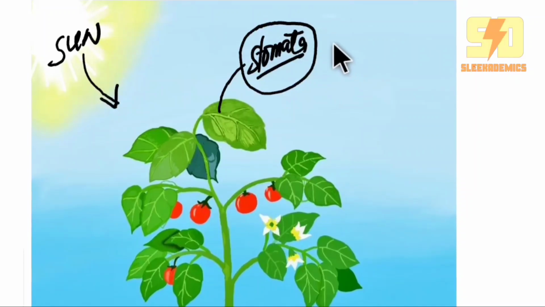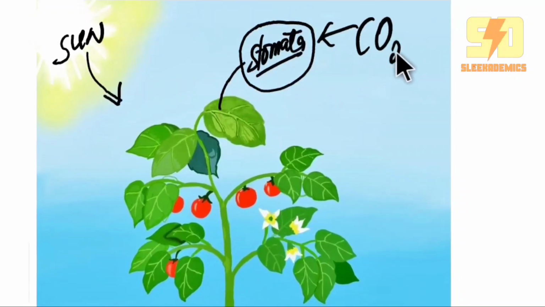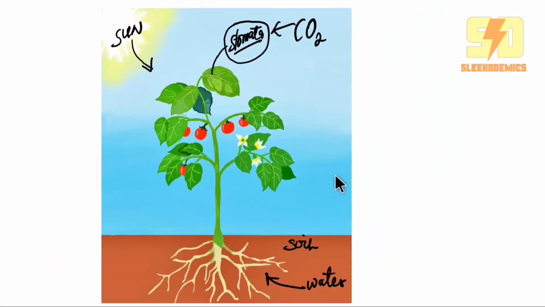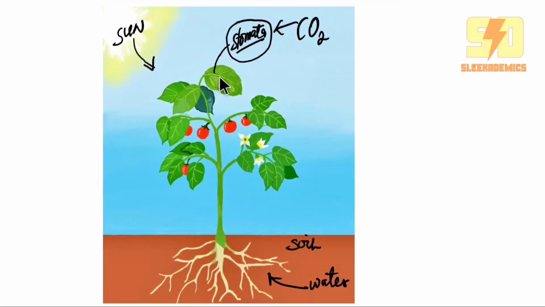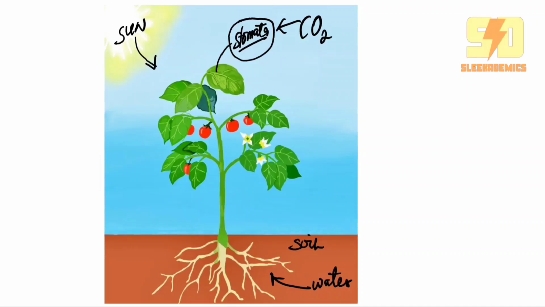The stomata help to take in CO2. So we have mentioned three things now: the sun, which provides solar energy; the roots, which help to trap the water in the soil; and the leaves, which help to take in CO2 through the stomata.